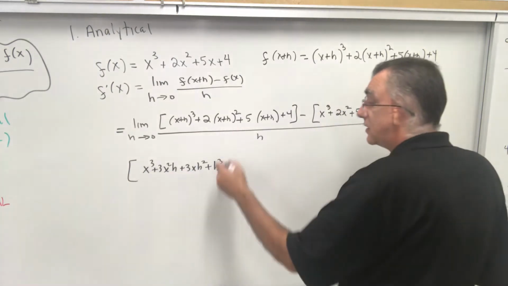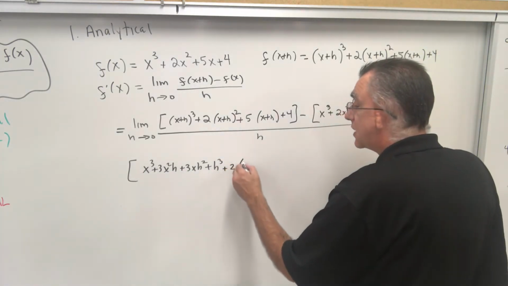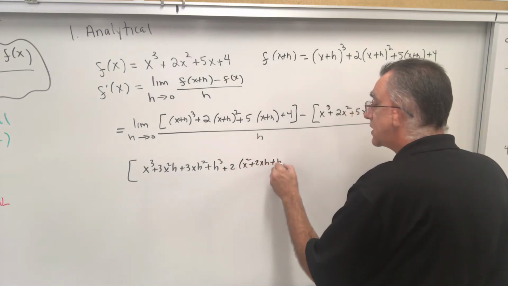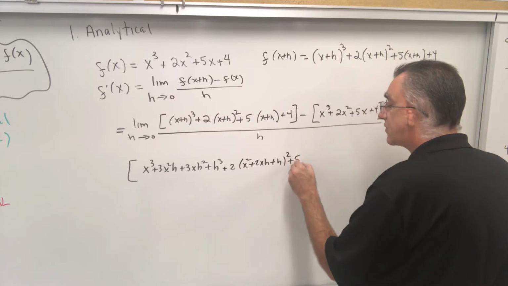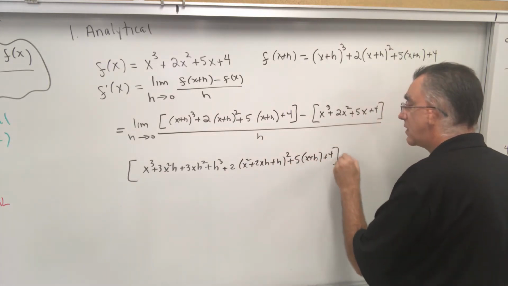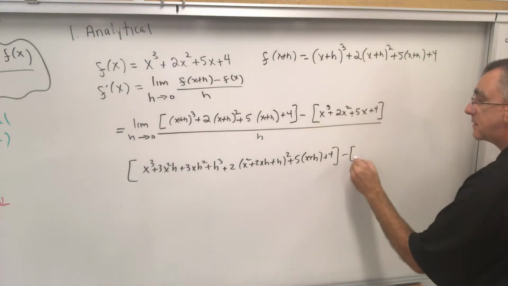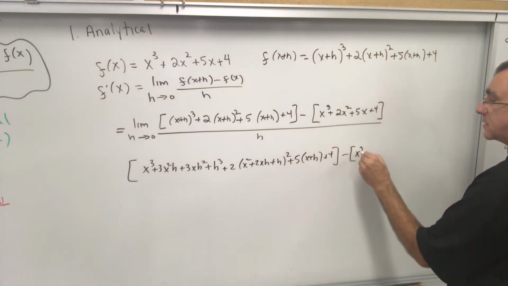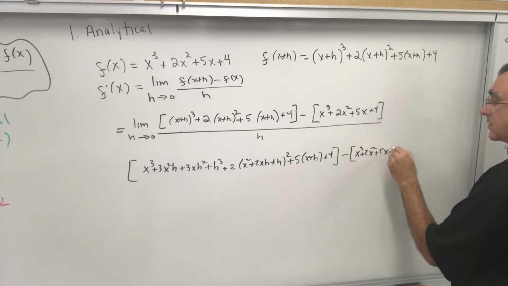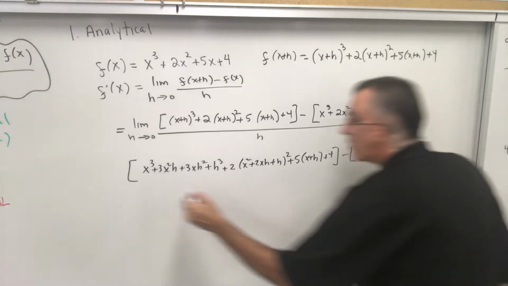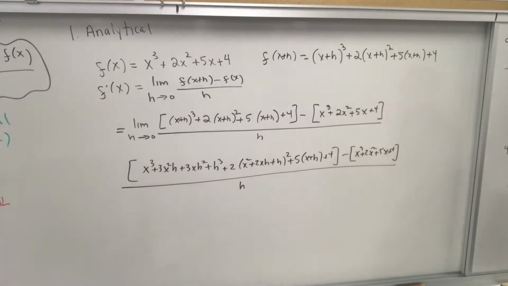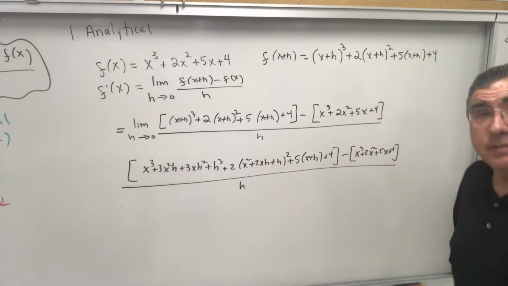And then here, 2 times x squared plus 2xh plus h squared, plus 5 times x plus h, plus 4, minus x to the third plus 2x squared plus 5x plus 4, all over h. It's pretty huge, isn't it?